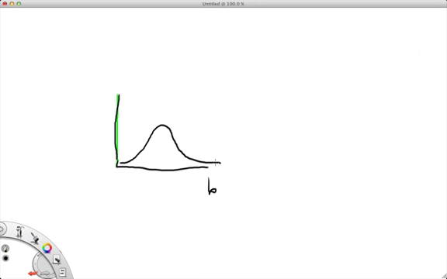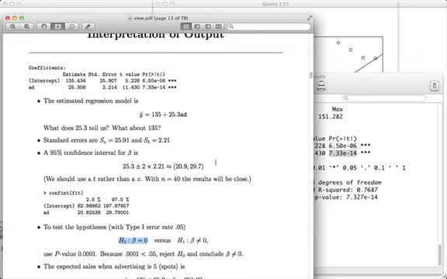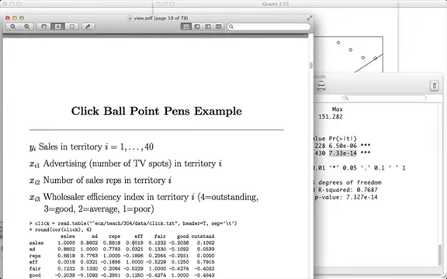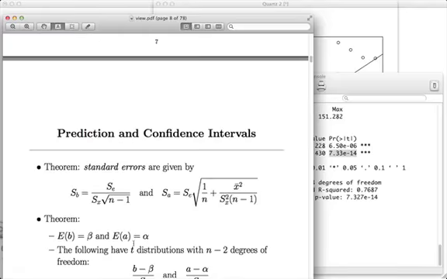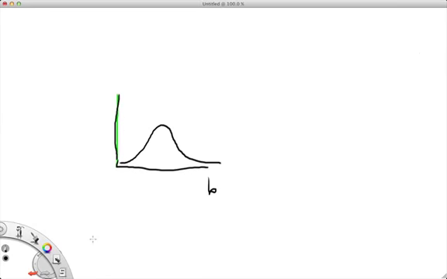Now, whenever we do hypothesis testing, we begin by assuming the null hypothesis is true. If the null hypothesis is true, remember I said that the expected value of b is whatever beta is. Here we've said beta is 0. Therefore, the mean of this distribution, let's sketch that in, is at 0.